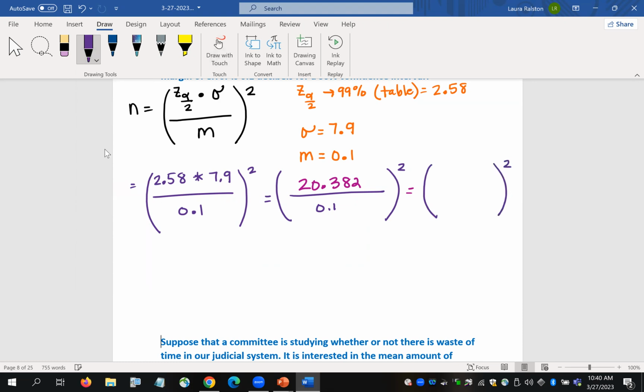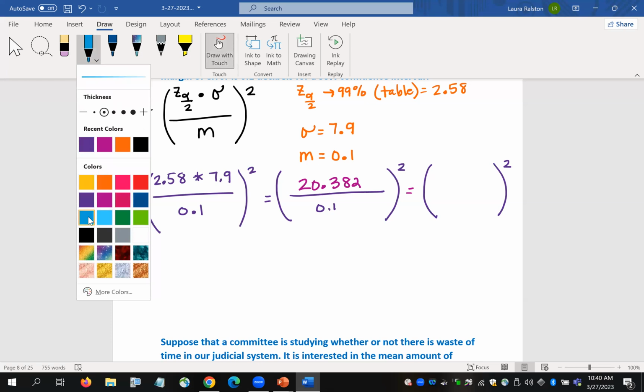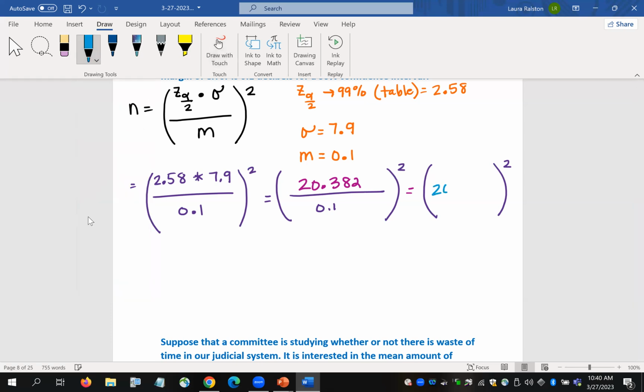I then have to do the division by 1/10. 20.382 divided by 0.1 gives me 203.82. Then I'm going to square it, which gives me 41,542.5924.